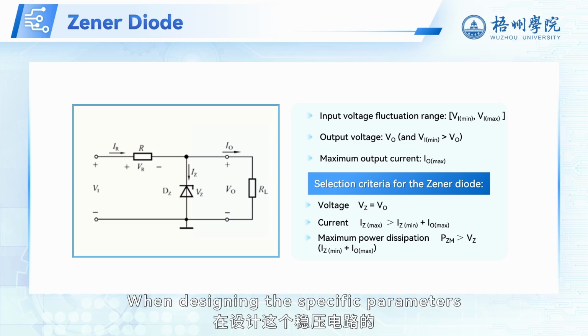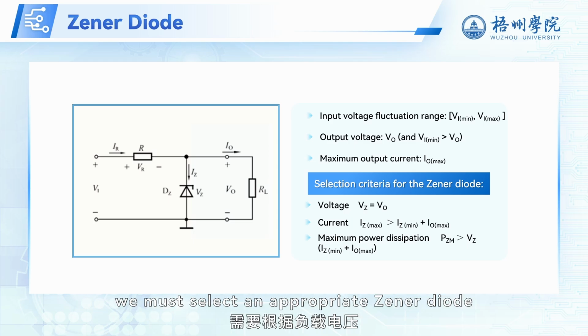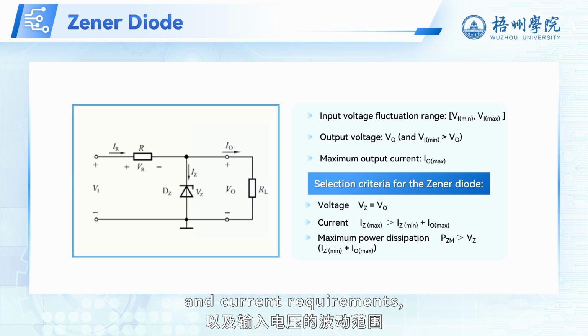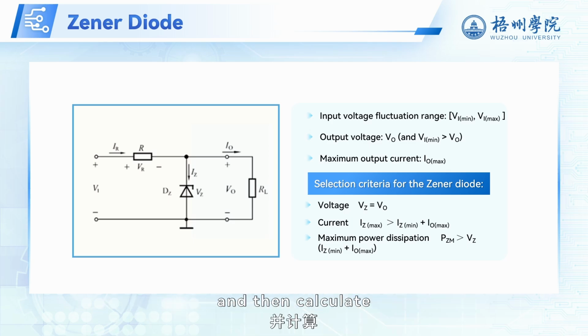When designing the specific parameters of this voltage regulation circuit, we must select an appropriate Zener diode based on the load voltage and current requirements, as well as the input voltage fluctuation range, and then calculate the current limiting resistor value.